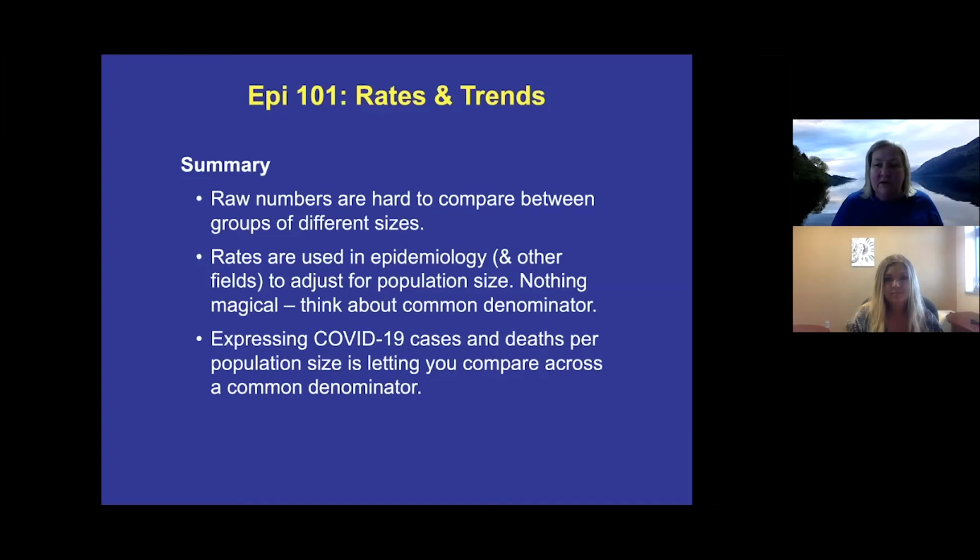I mean, all of us in middle school learned all about common denominators, and that's all we're doing is making a common denominator. And expressing these COVID cases and deaths per population size is letting you compare a variety of populations across the common denominator. So it's just making things doable. So that's the summary.